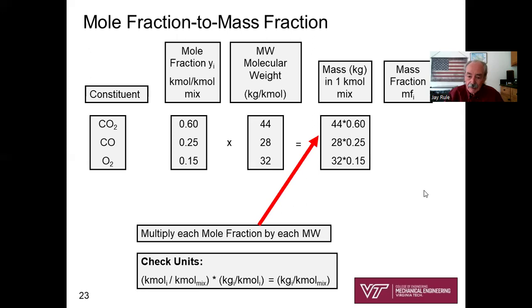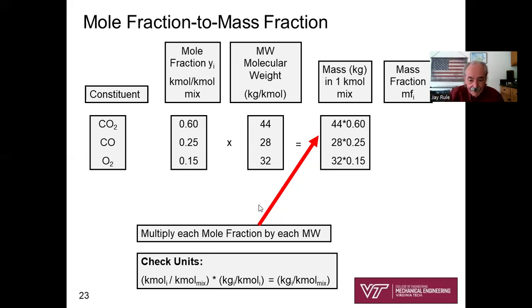The next column is the mass in kilograms in 1 kilomole of mixture. Here's the way you do this. Multiply the mole fraction by the molecular weight and write that right down: 44 times 0.6, et cetera. Now let's check units. Instead of just blindly doing this because the video says to do it, let's check our units.